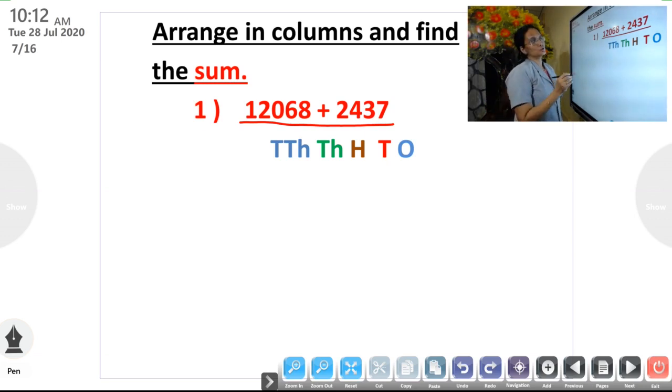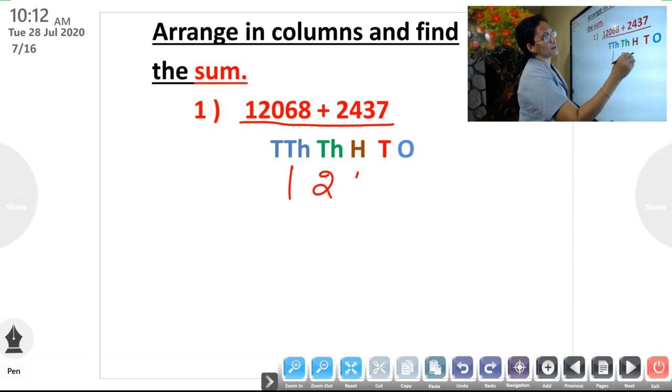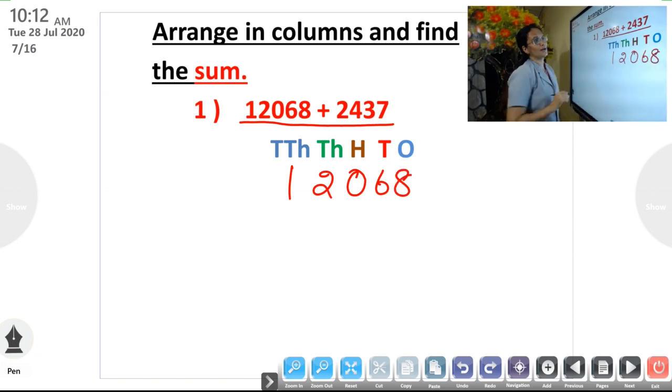So 12,068: 1 in the 10,000s, 2 in the thousands, hundreds place 0, then 68, like this. 12,068 plus what? 2,437. In 2,437 only 4 digits are there, so up to thousands.